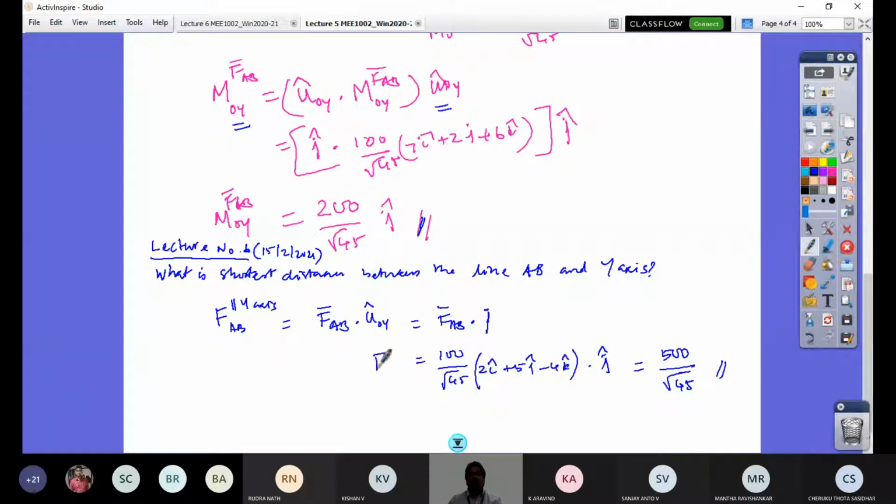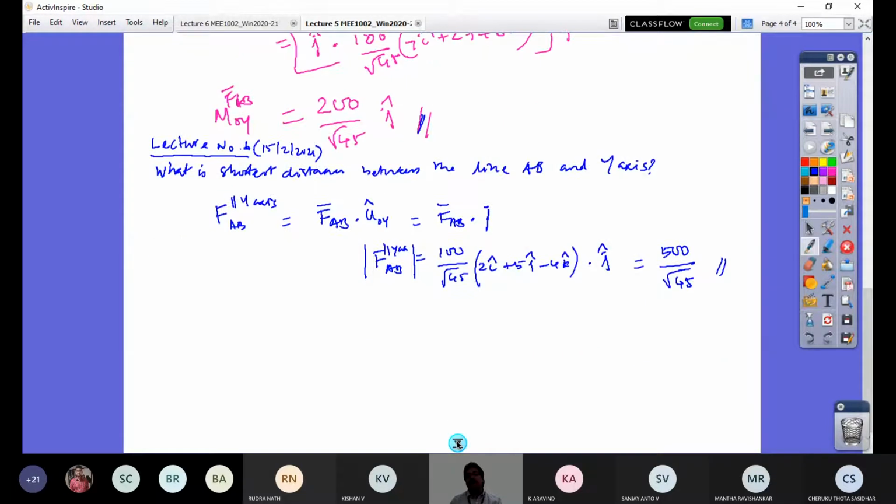So I have the magnitude of FAB parallel to the y-axis. Now what is the magnitude of the force component perpendicular to the y-axis? How do I get that?